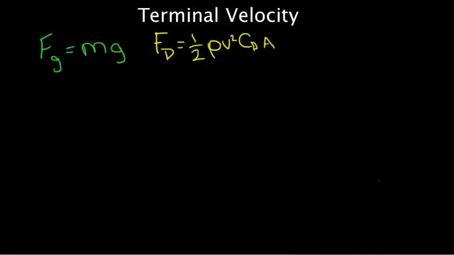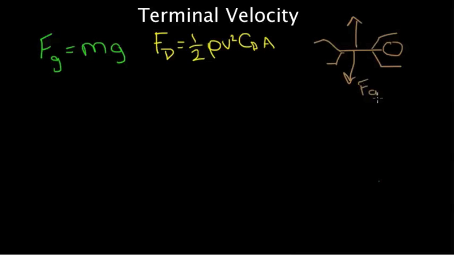If I drew my free body diagram, here's my guy, he's jumping out. And he's got an upward force and a downward force. This downward force is Fg, and this upward force is the drag force.